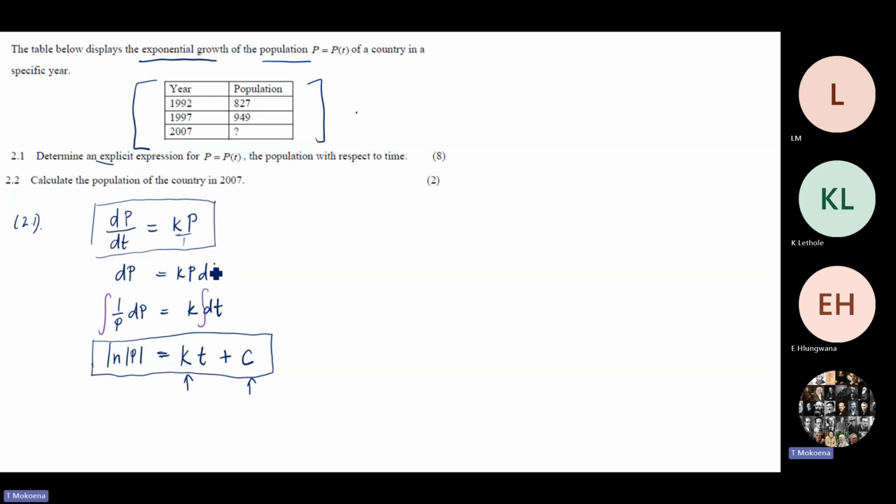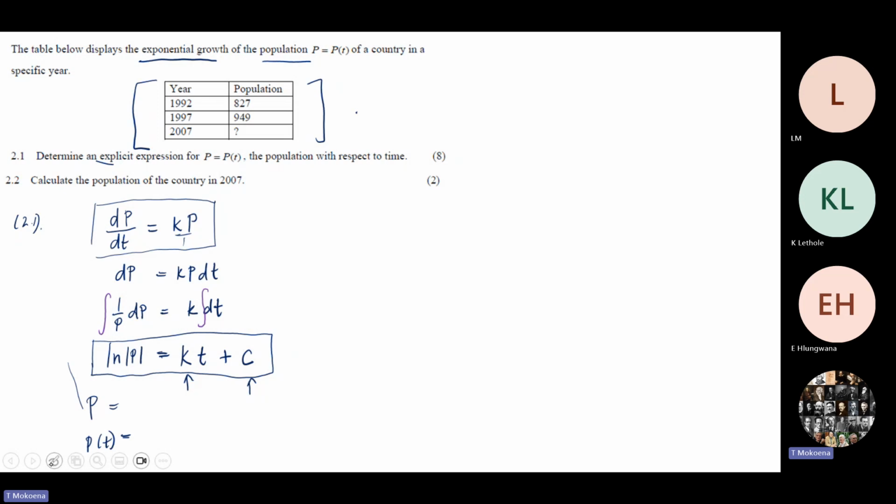At 1992, we had this population over here. Like I said, if you want to solve P explicitly, you're going to have P equals something. At the end, you can express your P as P at T equals something, to show that this is the general solution to this equation.